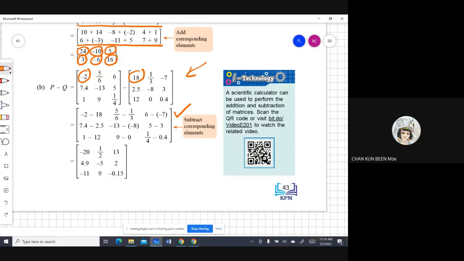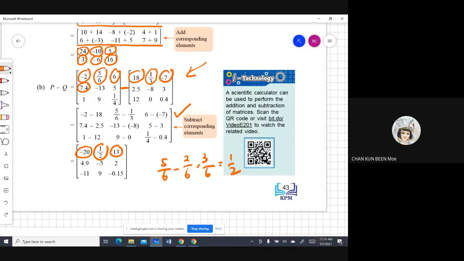Negative 2 minus 18 is negative 20. 5 over 6 minus 1 over 3 is actually 5 over 6 minus 2 over 6, so the answer is 3 over 6, which is equal to 1 over 2. Then 6 minus negative 7 means 6 plus 7, so it's 13. You have to be careful over here because of the negative sign.